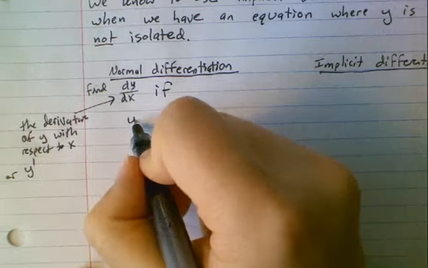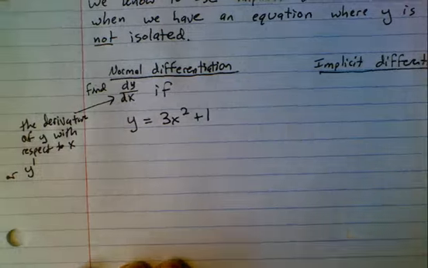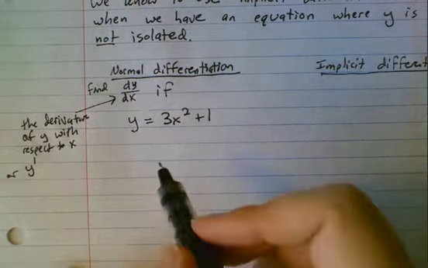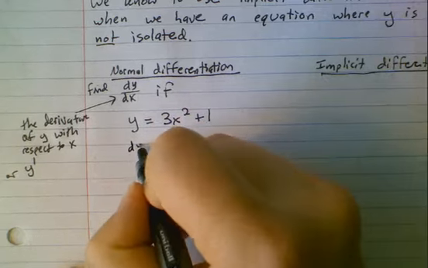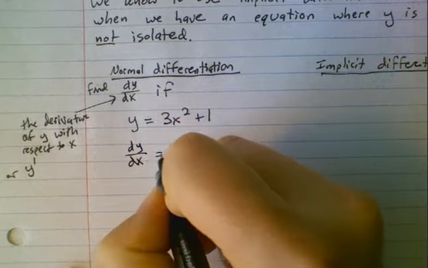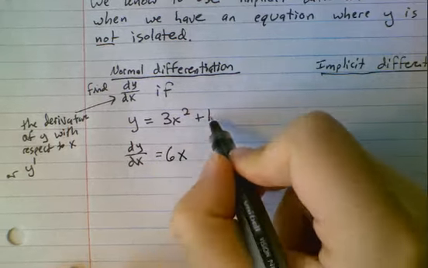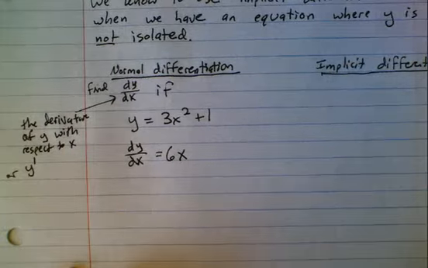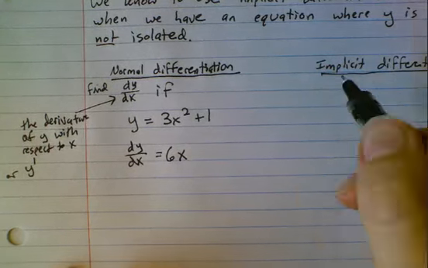Let's say y equals 3x squared plus 1. If we're taking the derivative of y, the name for that is just dy dx. We take the derivative over here, bring down the 2, that's 6x, derivative of 1 is 0, and there we go. That's what we've done in the past.